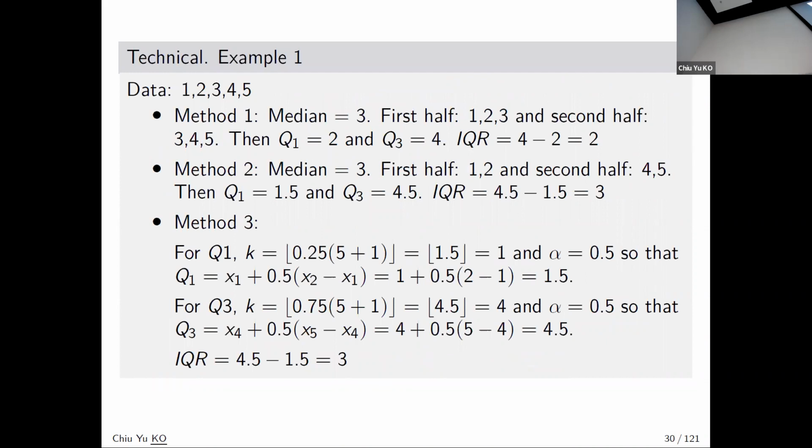So according to this formula, n plus 1 over 4 is 5 plus 1 over 4, which is 6 over 4, which is 1.5. So 1.5 means what? Very simple, right? If you know the median idea, 1.5 will just be the average of the first guy and the second guy divided by 2.